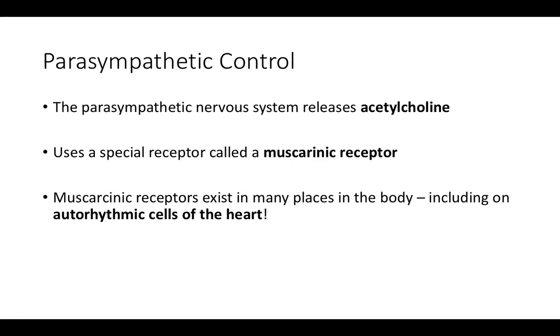And it uses a special type of receptor called a muscarinic receptor. And muscarinic receptors, they exist in a lot of places in the body. They exist in the lungs, they exist in the eye, they exist on the autorhythmic cells of the heart as well.